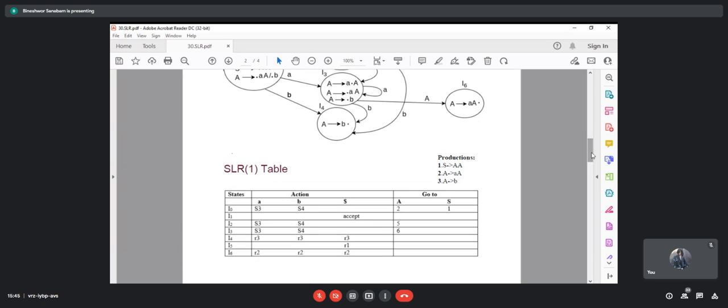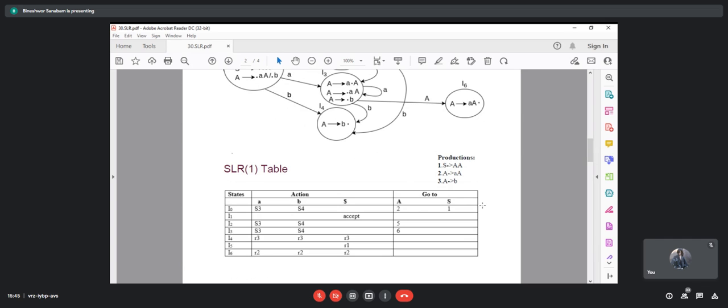Now till I3 everything is same with the LR0 parsing table. Only the reduce section we are going to have different from the LR0 parsing table.